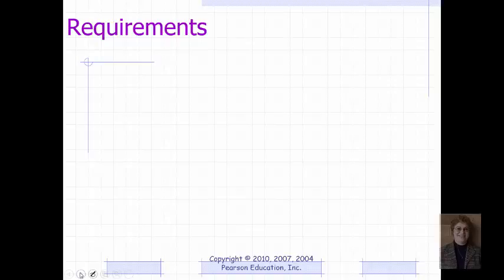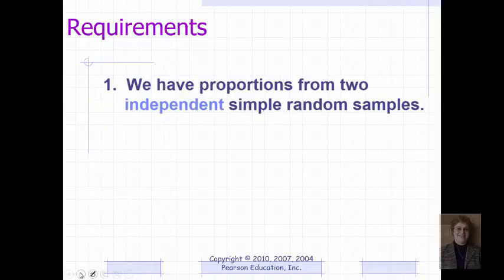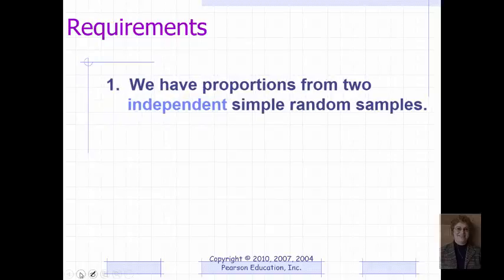Now, what has to happen in order to do this? Well, we have to have proportions from two independent simple random samples. That means that one sample cannot influence who was picked for the other sample.